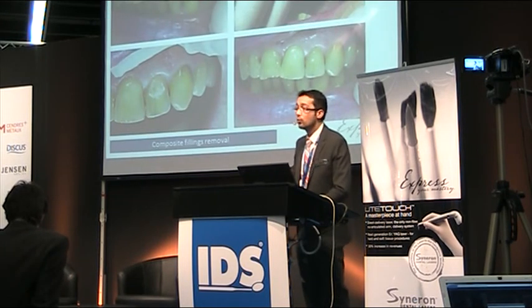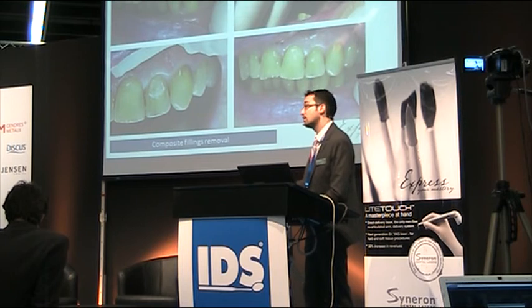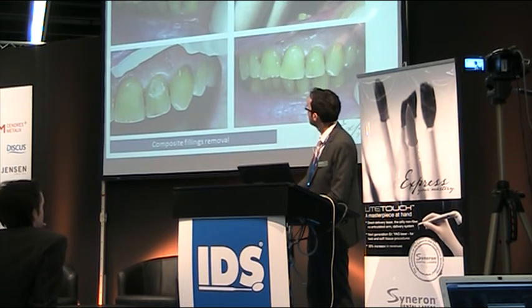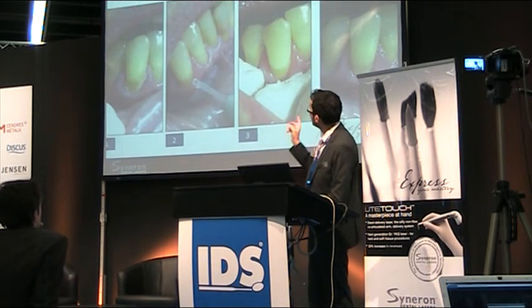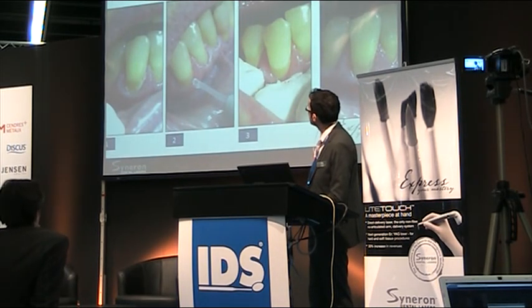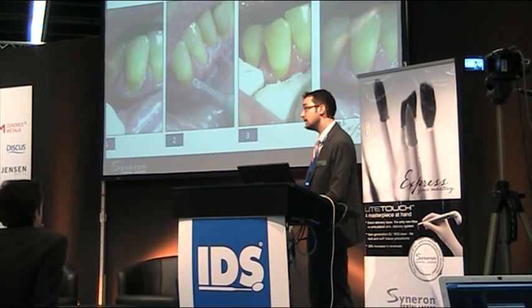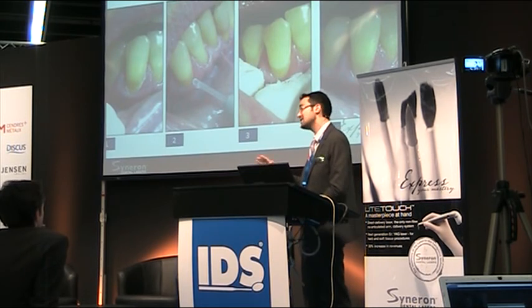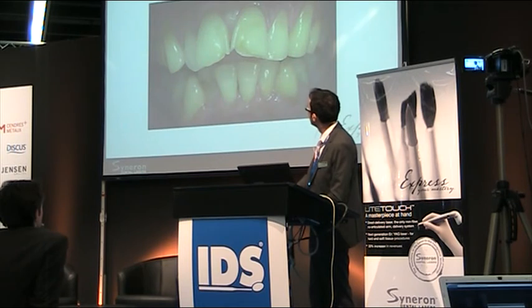Composite filling removal is possible with this laser because the composite filling contains water and we can remove it. Also for conditioning the exposed root surfaces, to decontaminate and to cover with desensitizing agents.